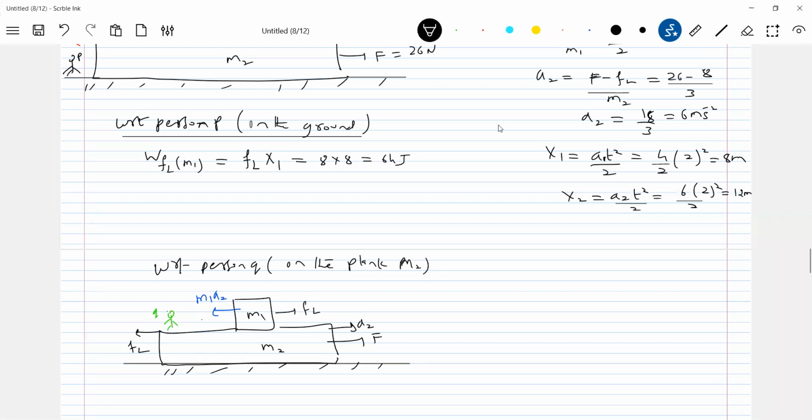FL is 8 Newton. A2 is 6 and M1 is 2. So which force is greater, M1A2 or FL? Definitely M1A2. So this will become A relative.